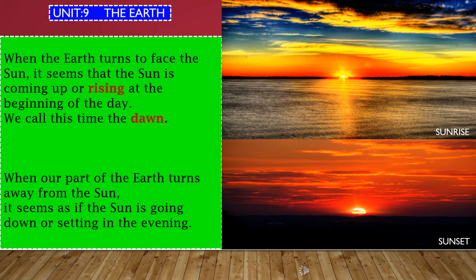So when the earth turns to face the sun in the early morning, it seems that the sun is coming up from behind the mountains or somewhere. It seems like that, but it is not like that, you know.